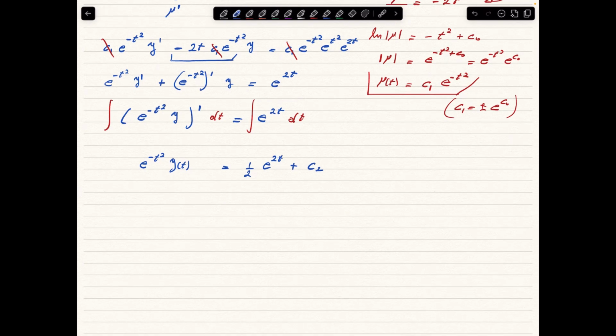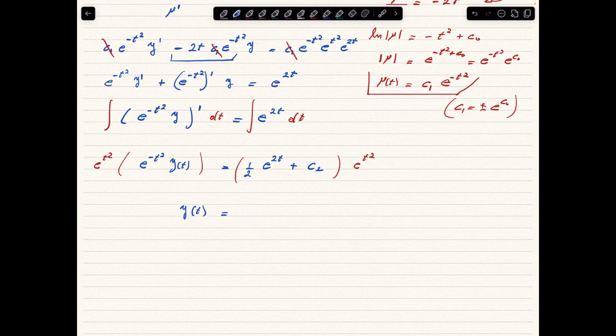And now we multiply the whole equation by the exponential here. So what we do now is we multiply everything by exponential positive t squared, and we have a cancellation on the left side.